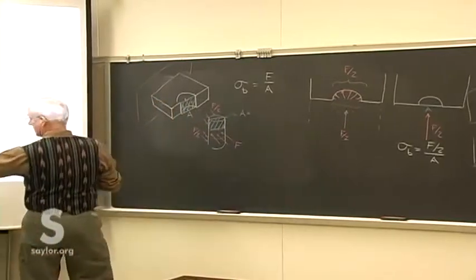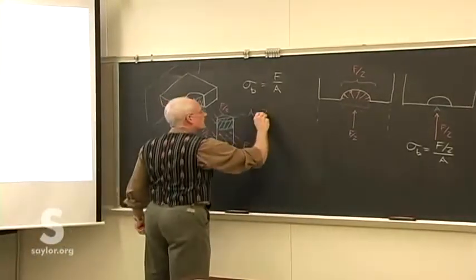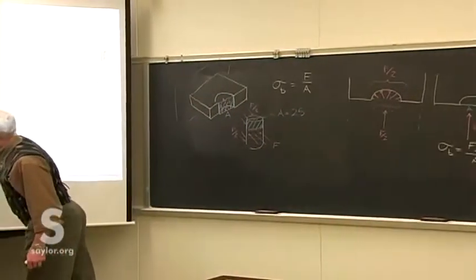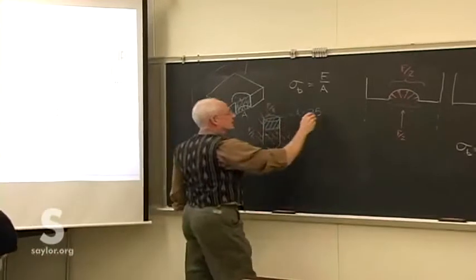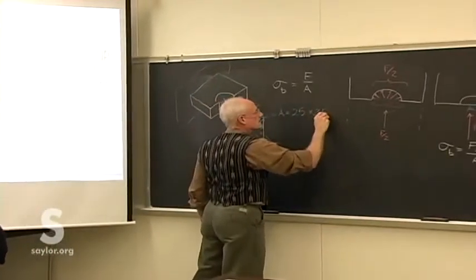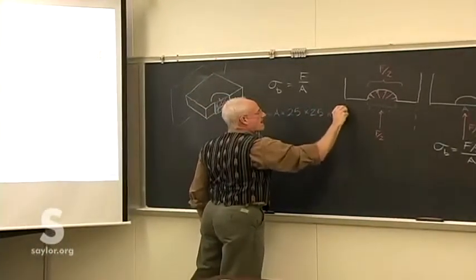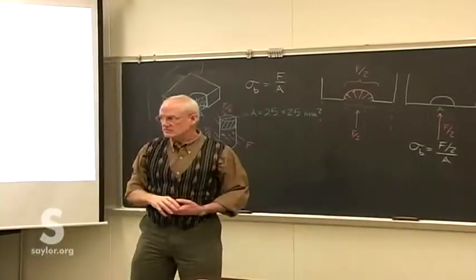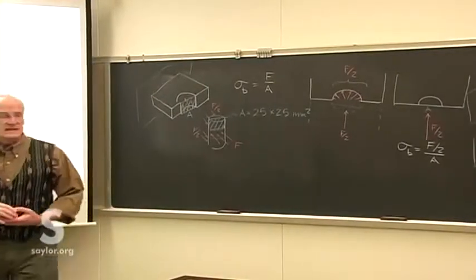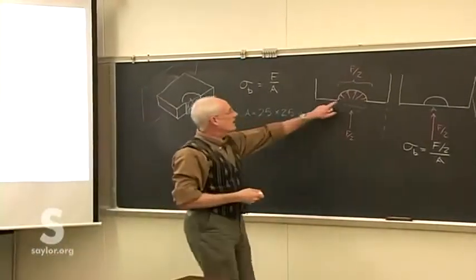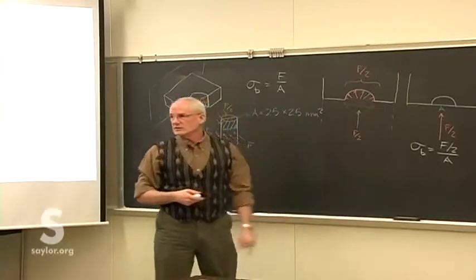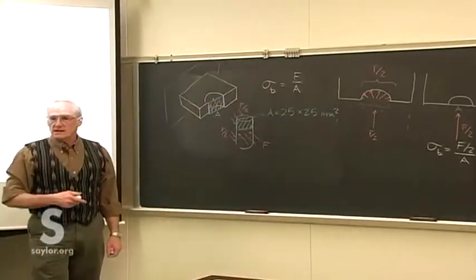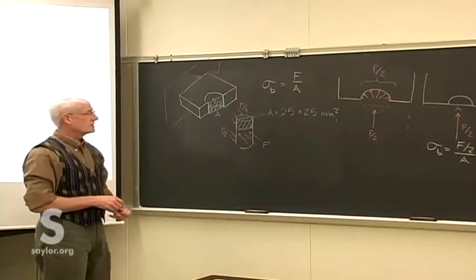which is the diameter of the pin, 25, by the thickness of the bracket, which is another 25 in this case. And so you can take those known values and fairly simply figure out what the bearing stress is along a curved surface, even without a uniform force distribution across it, either in magnitude or direction.